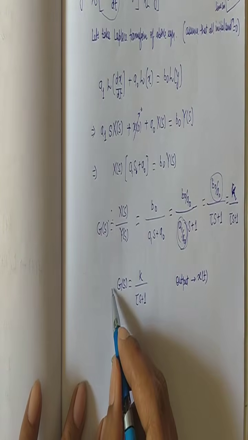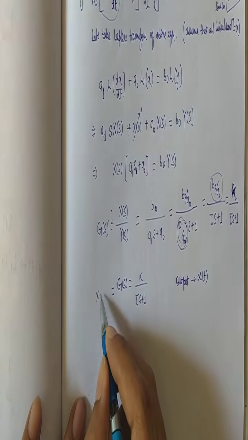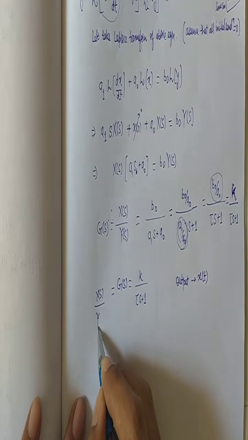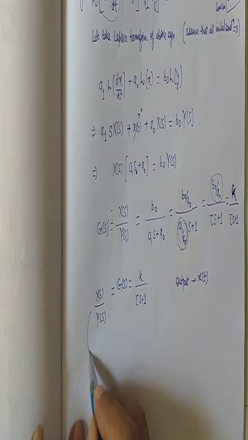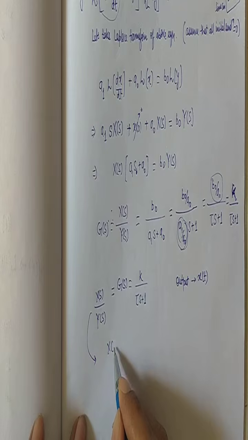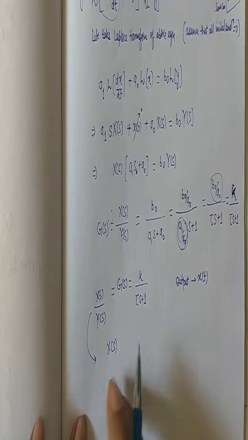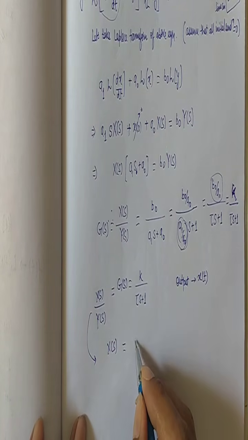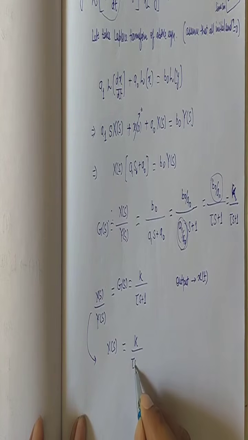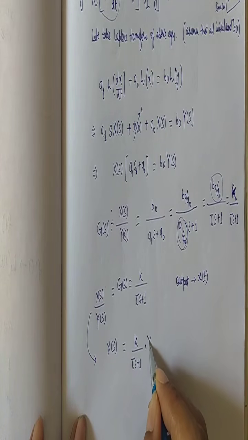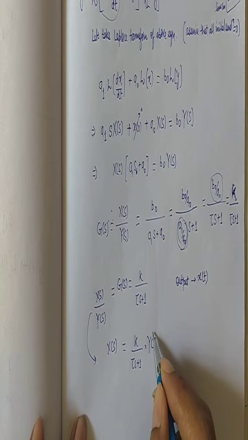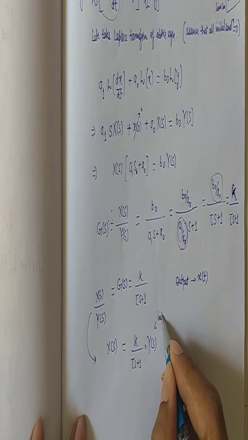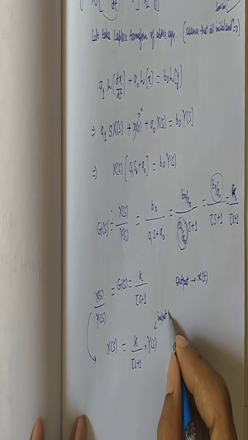Essentially this G(s) is equal to X(s) by Y(s). From here I can write X(s), the output of the system in Laplace domain, is equal to k by (tau s plus 1) times Y(s), and this is my input to the system, but in Laplace domain.